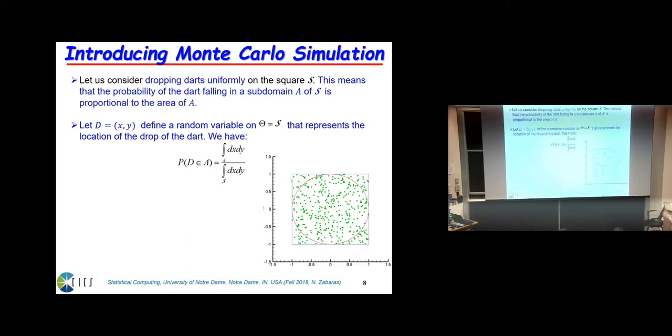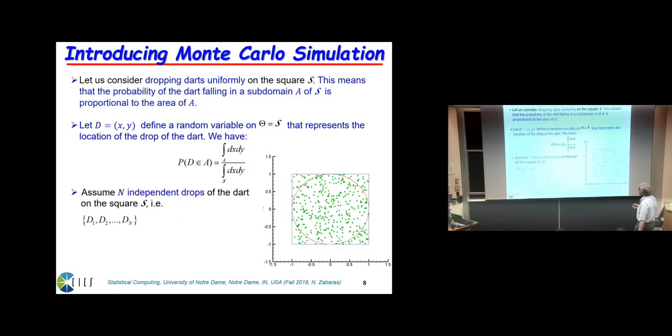Would you agree with me that, because I am doing this experiment uniformly on the square, the probability that d will land in the circle is the area of the circle divided by the area of the square, all right? Because I do it uniformly, okay? So the probability of this random variable landing in the circle is the area of the circle divided by the area of the square.